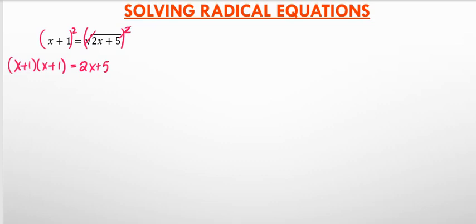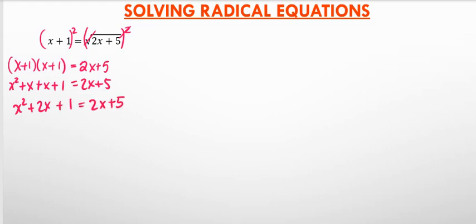So let's start by FOILing out or distributing on our left side. This leaves us with x squared plus x plus x plus 1 and 2x plus 5. And so this leaves us with x squared plus 2x plus 1 and 2x plus 5.